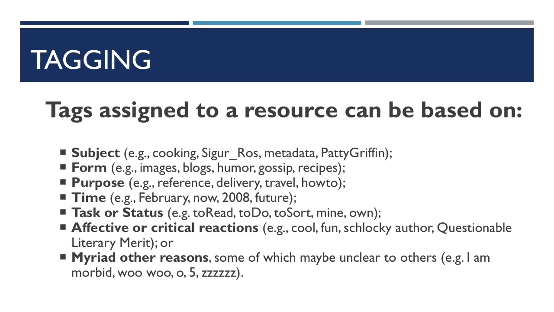Tags assigned to a resource can be based on the following criteria listed here. You can tag based on subject, form, purpose, time, task or status, affective or critical reaction, and a myriad of other reasons, and you can see examples for each one here.